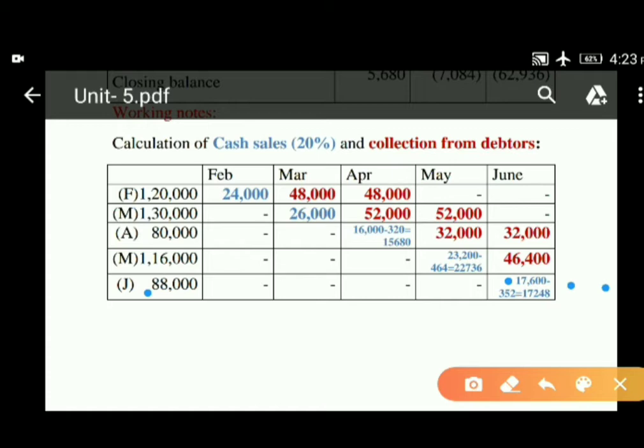But we are not taking into consideration July and August data, because we are going to prepare only the budget for the 3 months, that is April, May and June. So here in June, what are the cash sales? 17,600.